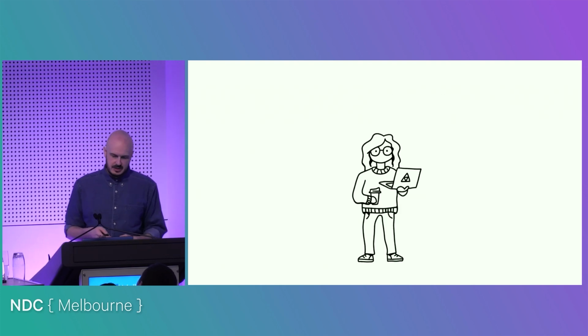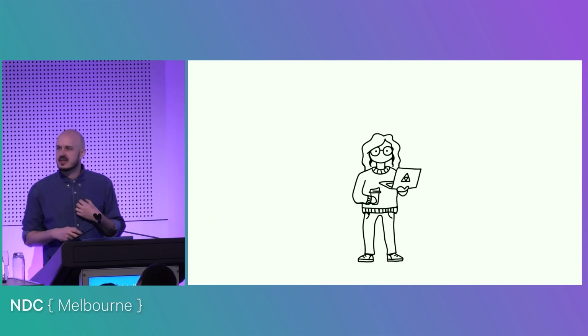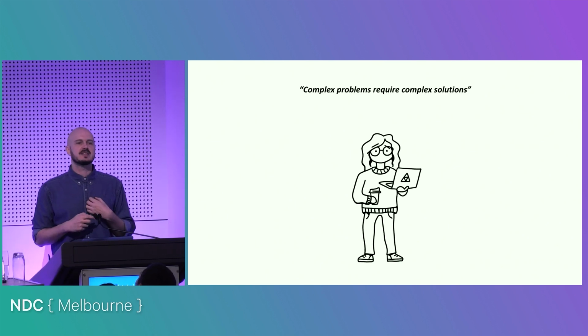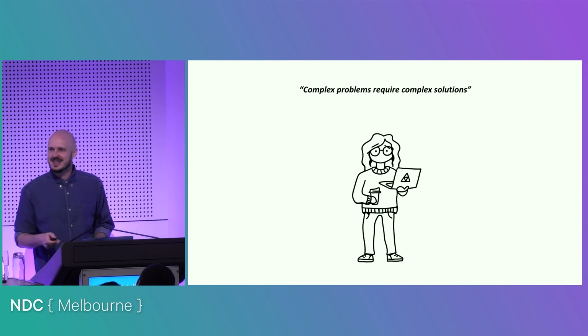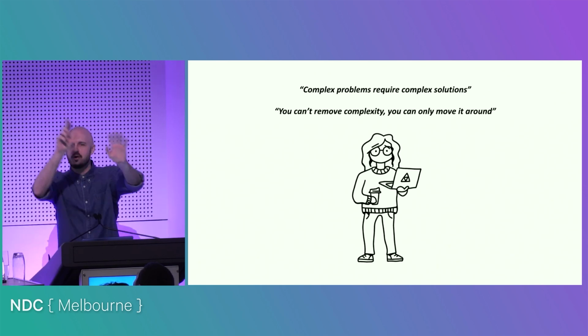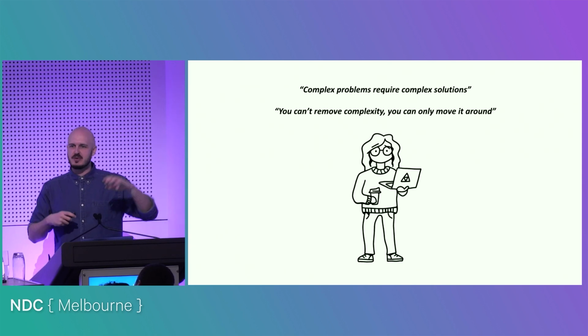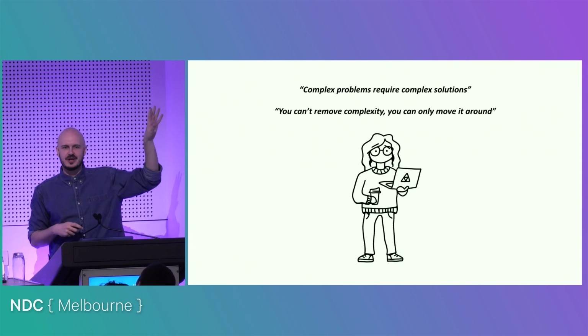So, often in these moments, us wise engineers, we say things to ourselves like, complex problems require complex solutions. Anyone use that one? How about, you can't remove complexity, you can only move it around. Now, we say these things as a way of absolving ourselves for the fact that we put some sort of Frankenstein's monster up into production.